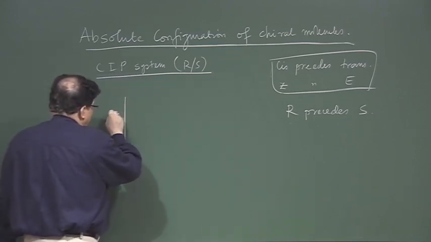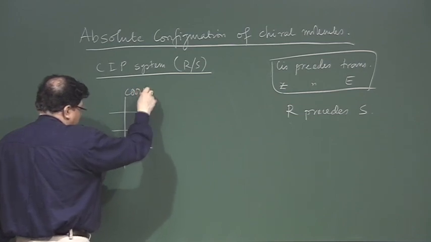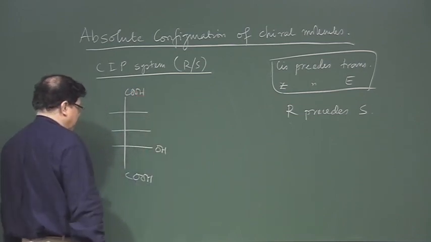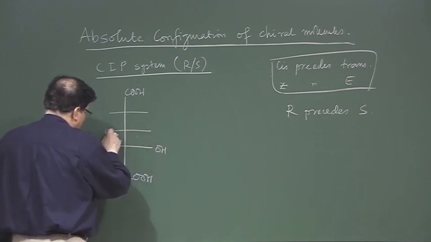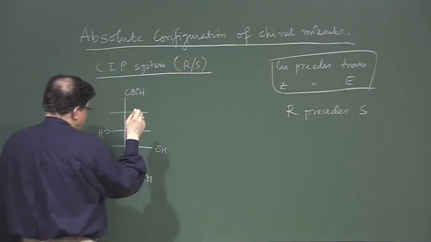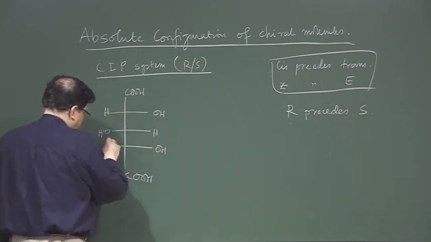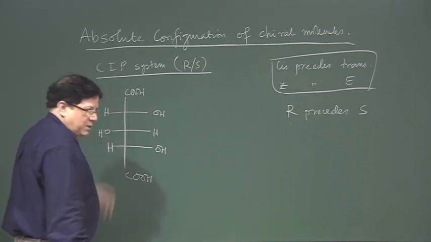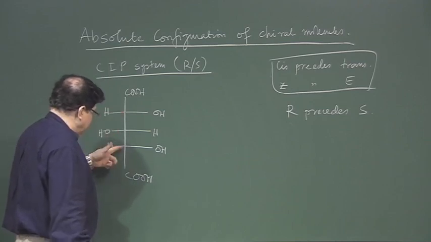So, if we draw a molecule which has a 5 carbon chain, suppose this OH is to the right, see there is a trihydroxy compound, then you have OH and you have OH here, okay, H.